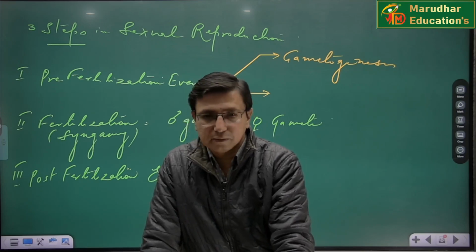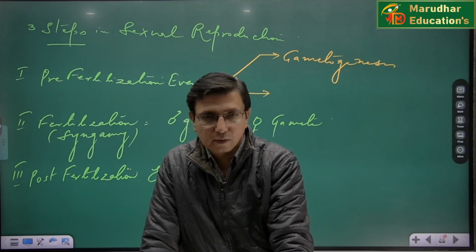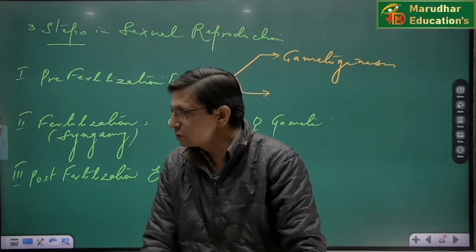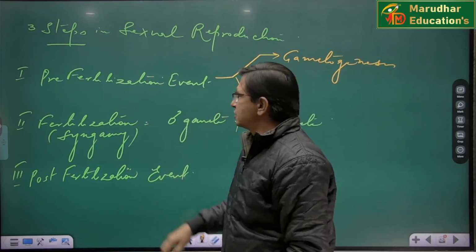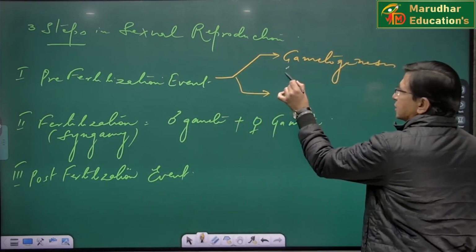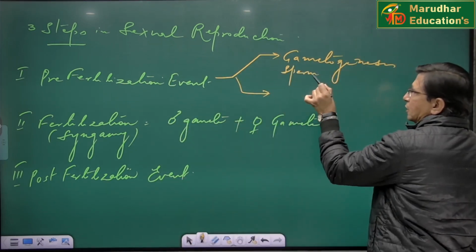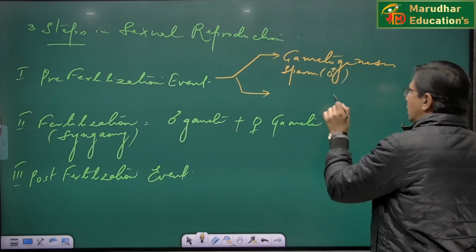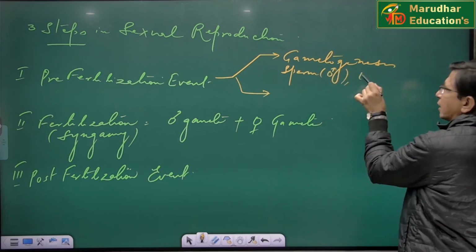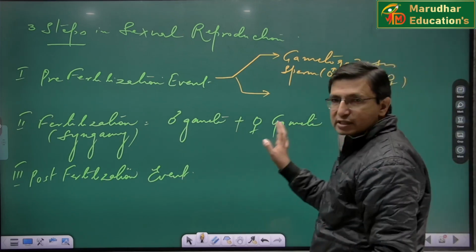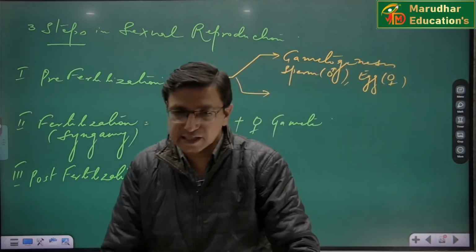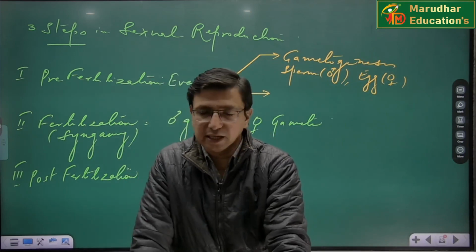The most common name given to the male gamete is sperm. So where is sperm formed? In testes. Now in gametogenesis, sperm is a male gamete, and egg is a female gamete. Now these are produced at different places. One is formed in the male, one in the female.